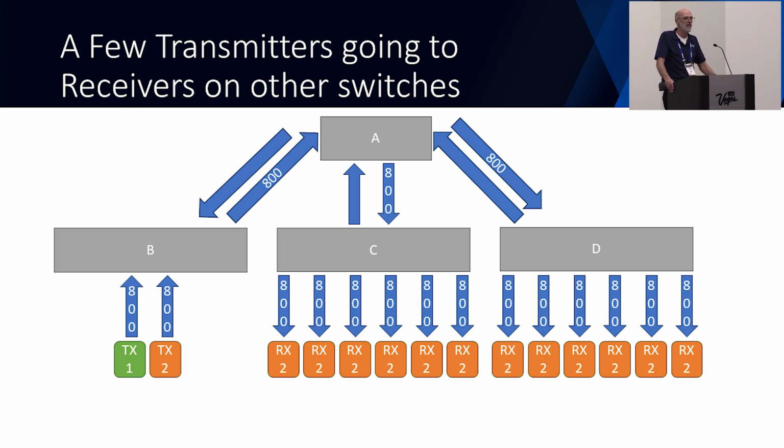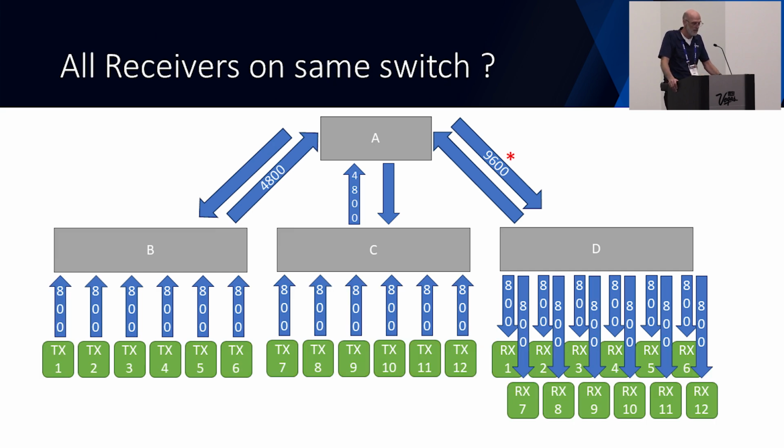So if I'm designing something like this, where I have lots of receivers, but they're receiving one or two sources at a time, the bandwidth requirement for interconnect is not that great. You don't have to go crazy and put 100 gig interconnect in case the apocalypse happens. So I drew another example here where all receivers are on the same switch, right?